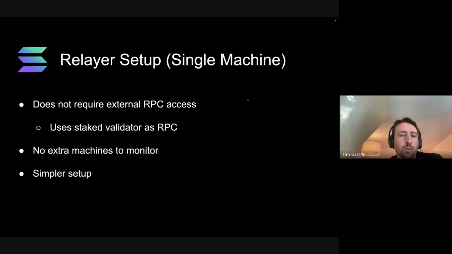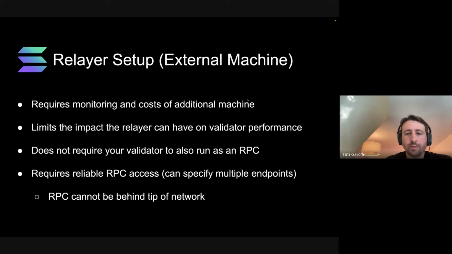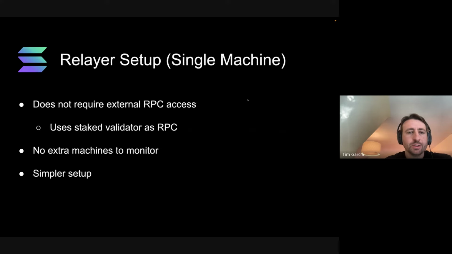So there are 2 options I want to highlight from the docs. You can either run your relayer on your validator that's also running your stake node, or you can run your relayer on a separate machine. So, talking about the benefits of each. Running it on a single machine is obviously a bit simpler.